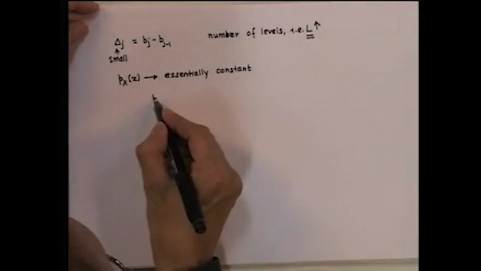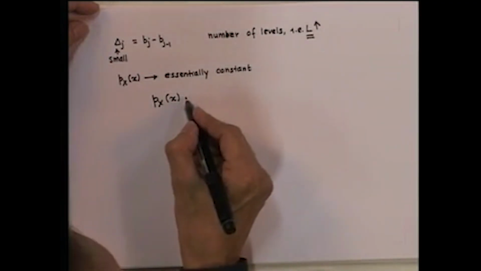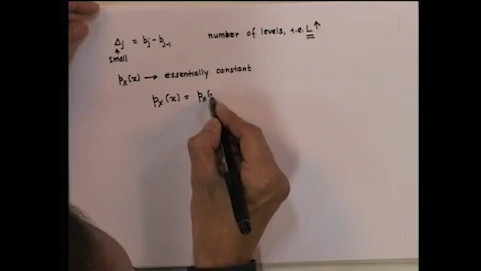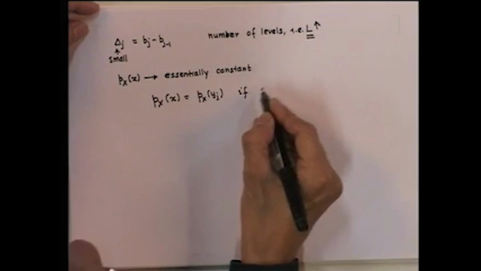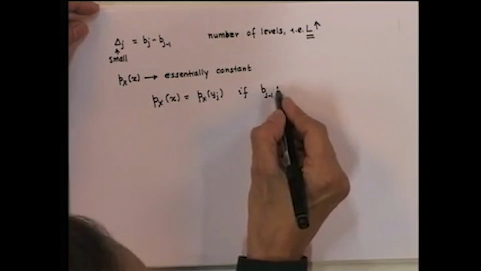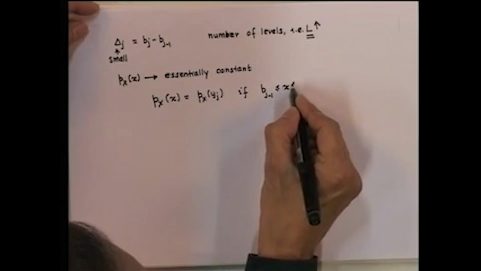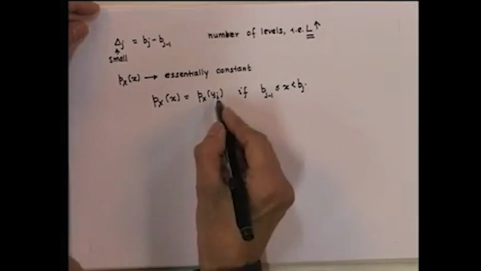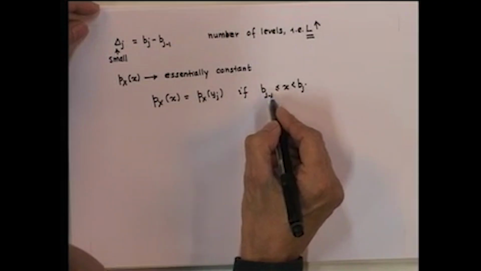That is, we can approximate p(x) equal to p(y j) if x lies in the interval between b j minus 1 and b j, where y j is the reconstruction level of the interval b j minus 1, b j.